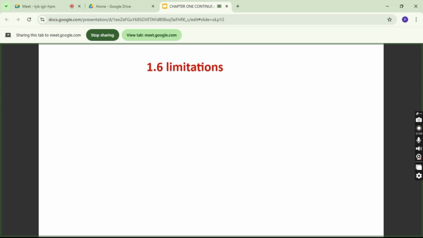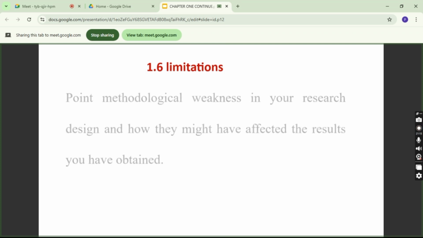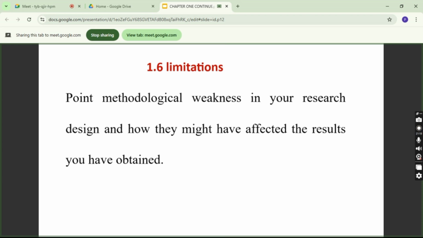Let's look at limitations. With the limitation, what entails in limitation? So I said limitation points out methodological weakness in your research design and how they might have affected the results you have obtained.